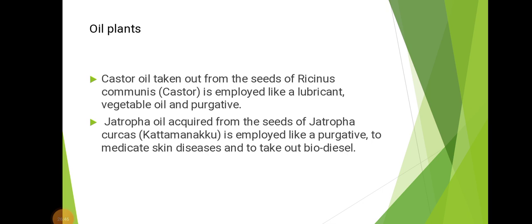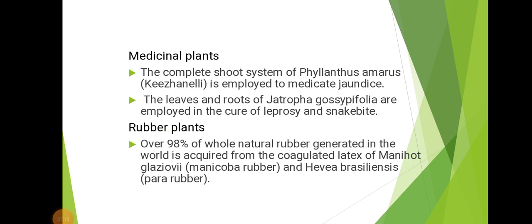If you see the oil plants, castor oil taken from the seed of Ricinus communis is employed as a lubricant, vegetable oil and purgative. Jatropha oil acquired from the seeds of Jatropha curcas is employed as a purgative, to medicate skin diseases and to produce biodiesel.